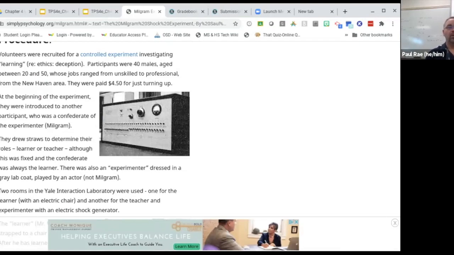And so the teacher went into the room, and there's a person of authority there, a guy looking very official, white lab coat, clipboard, all that kind of stuff, and they would instruct them on what to do. And so they would read a question, and if the learner got it wrong, then the experimenter would administer a shock.